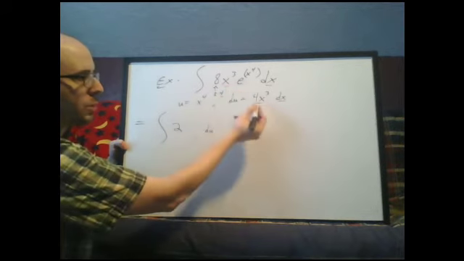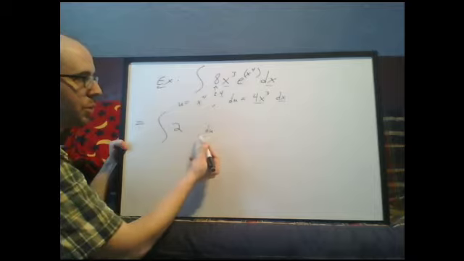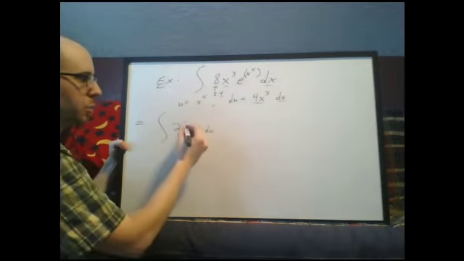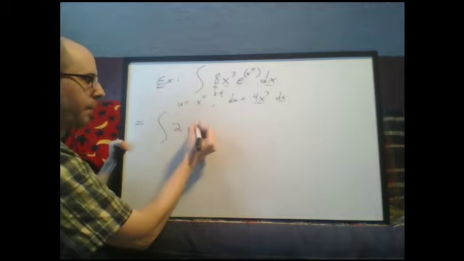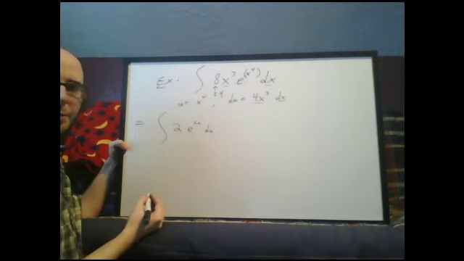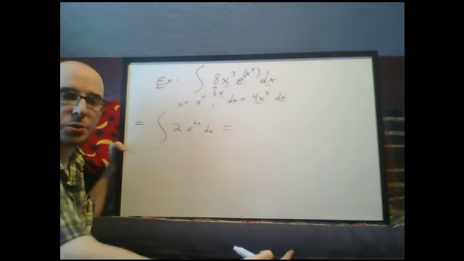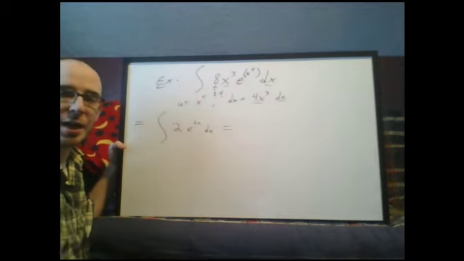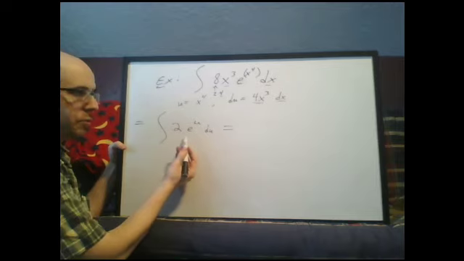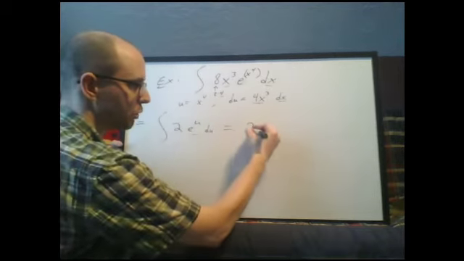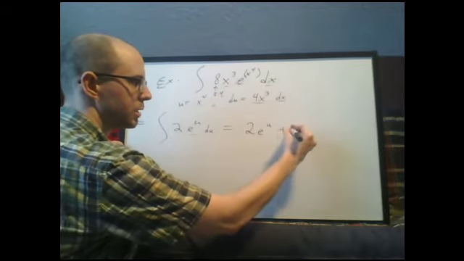This x cubed is gone because I used it to get du, and then e to the x to the 4th turns into e to the u. So 2 times e to the u. Right, so that's the substitution. Then you still have to integrate after that. The integral of e to the u is just e to the u, so we get 2 e to the u plus c.